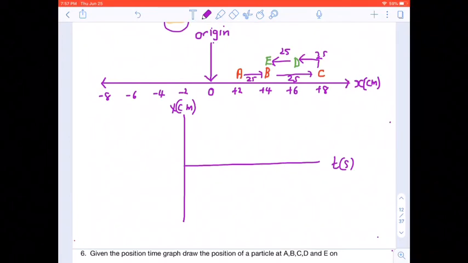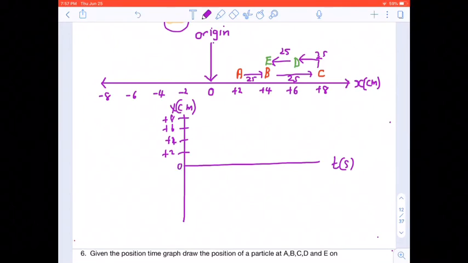So if we now on this vertical axis plot the location, so we have say +2, +4, and +6, and +8.